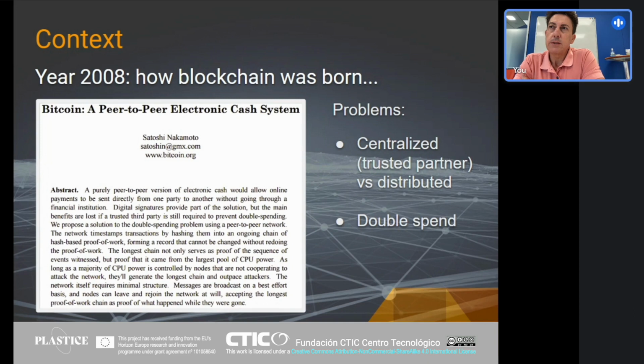The main reason why this was really disruptive is that it changed the way of doing business in this financial system. It made possible the transition from a centralized system where we needed trusted partners to make those financial transfers, banks mainly, to a new system that is distributed, decentralized.